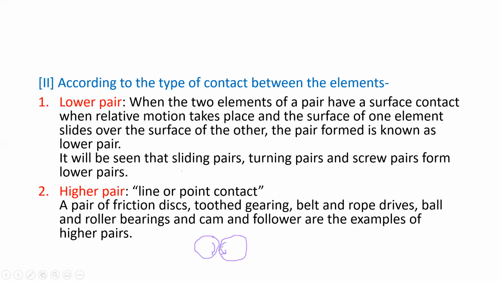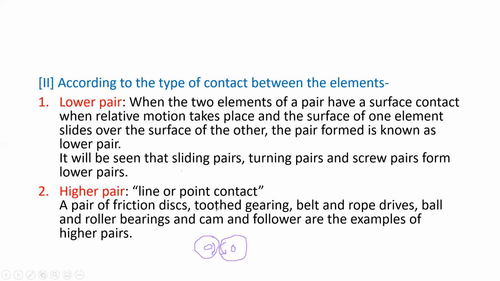When they contact at some point, their contact will be at a very small area. That contact we can say is a point or line contact. So two friction discs transmit the motion from one shaft to another shaft, both of them mounted on the shaft. That's why this friction disc pair will make the higher pair.